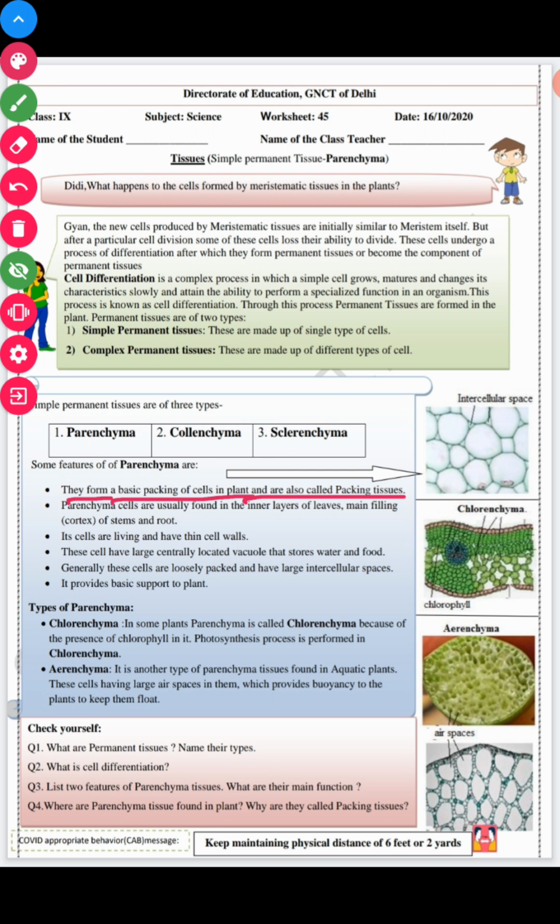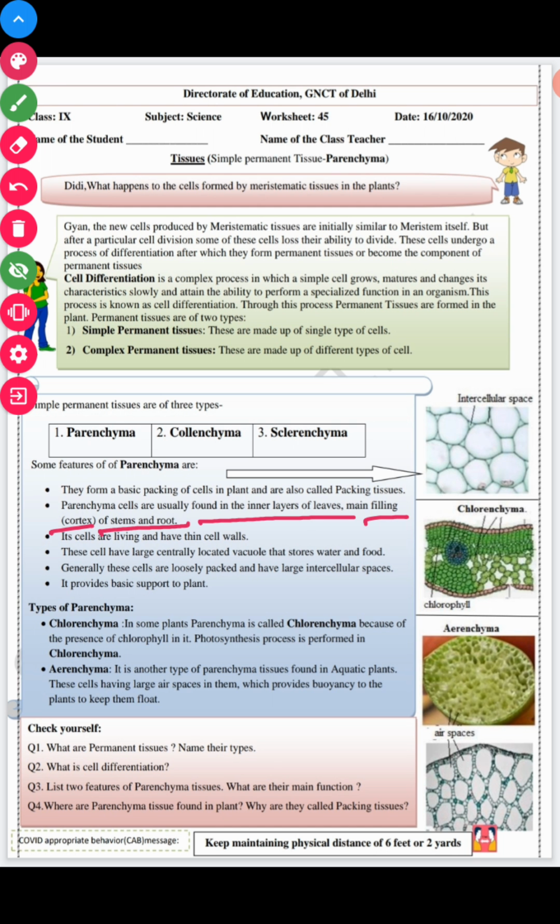And these cells are usually found in the inner layer. It's very important where they are found: in the inner layer of the leaves, mainly filling the cortex of the stem and root, right? So basically they are found in the inner layer of the leaf, stem and root.